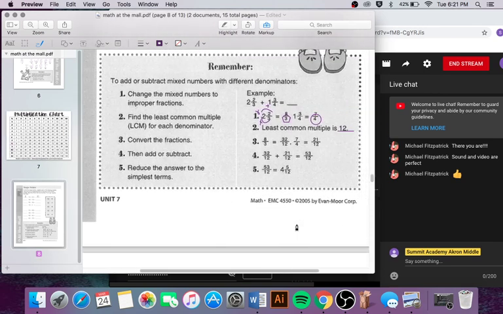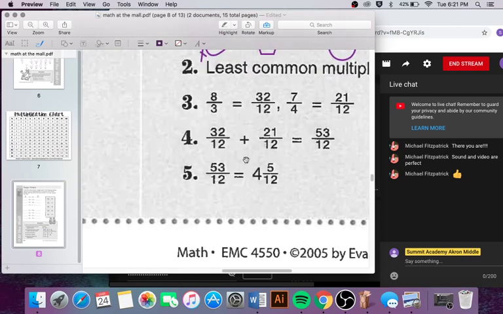So back down here, we would multiply 3 times 4. If we multiplied the bottom times 4 to get 12, whatever we do to the bottom, we have to do to the top. So we would also multiply 8 times 4. And 8 times 4 is 32.